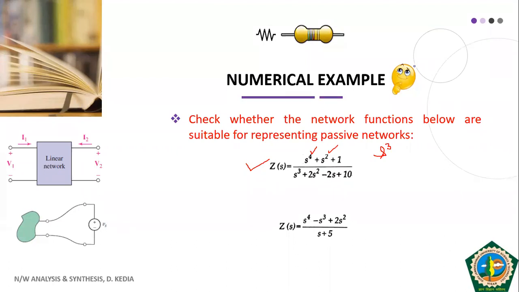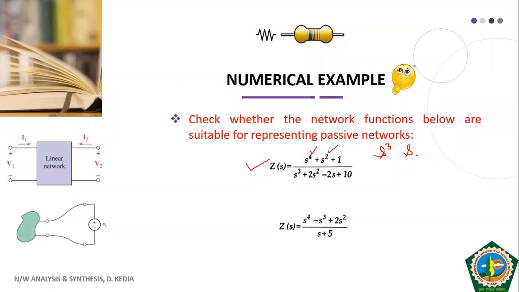Similarly, we do not have the term s. So these terms are missing. In other words, I can say that even terms are present, odd terms are missing.